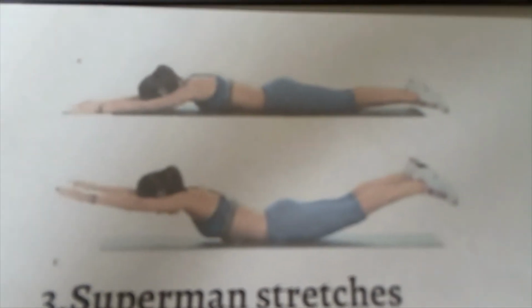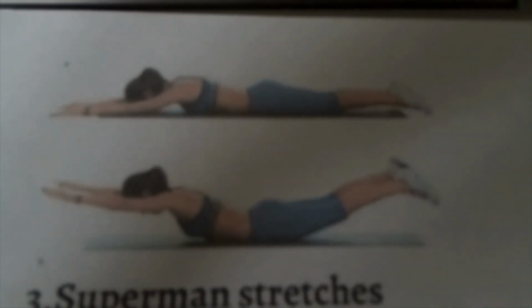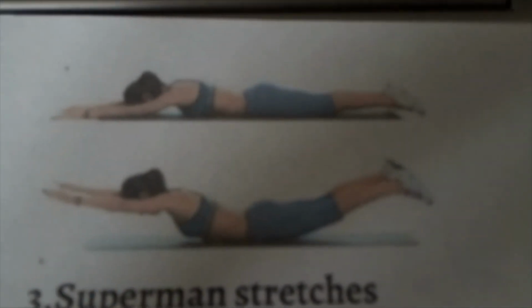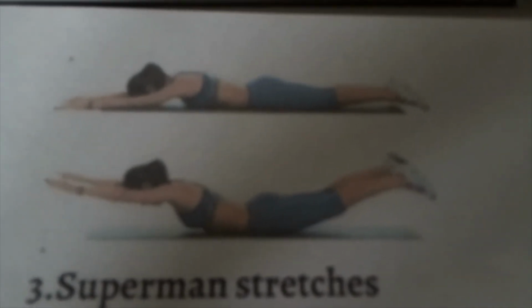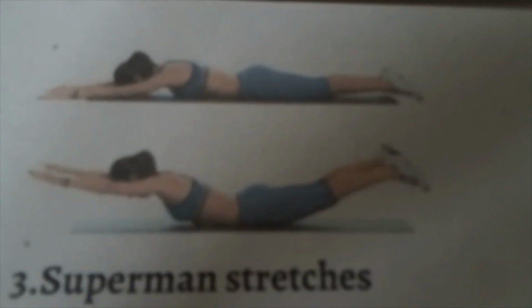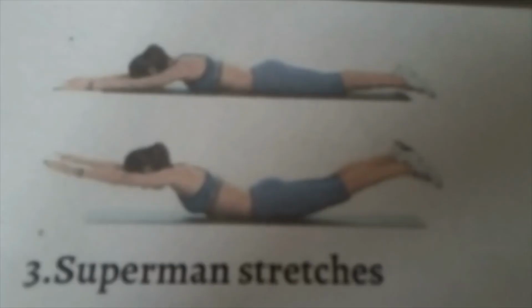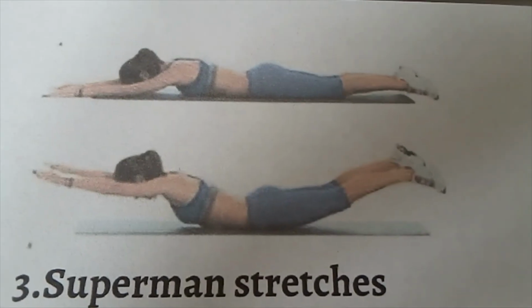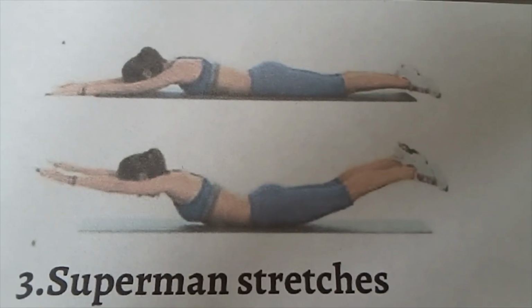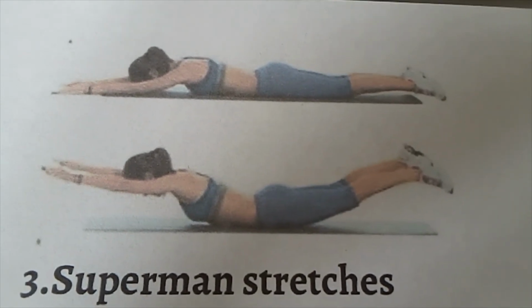So the next exercise is Superman stretches, which I'm sure a lot of you are familiar with. These can help you to strengthen the lower back and glutes. You basically just lie on the floor on your stomach and stretch your arms out in front of you.